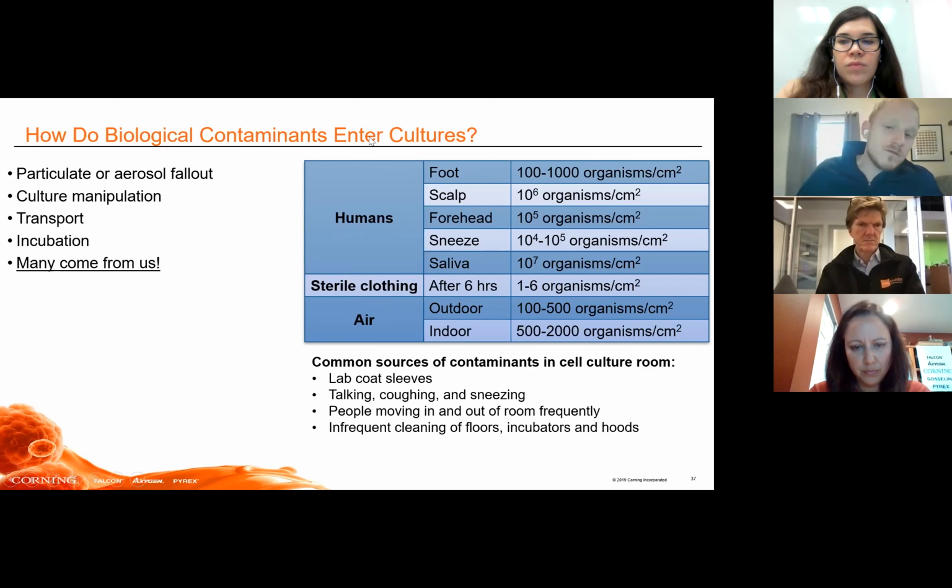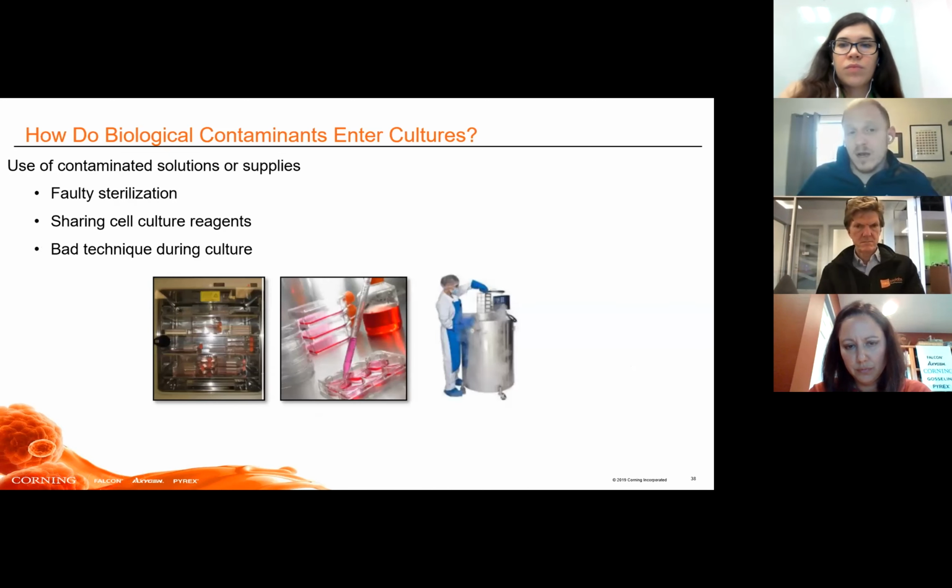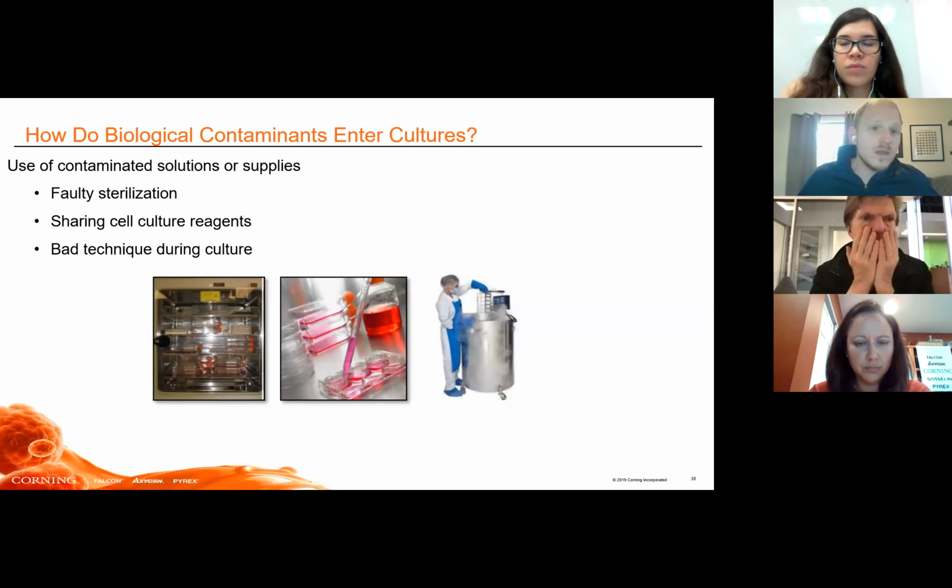So even if you're using PPE, over time you can get organisms on it that can be introduced into your cell culture. And then of course air as well. That's why we use a biosafety cabinet to maintain a sterile air environment when you're working with your cell culture.